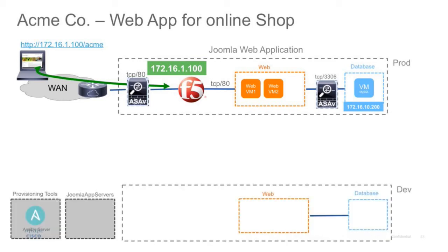But then we will also create another environment for developers that want to modify this application. And these will have essentially a base EPG and a port group where we will have a new server for Joomla app servers and a complete clone of the production database, down to using the same IP addresses and same IP address space.